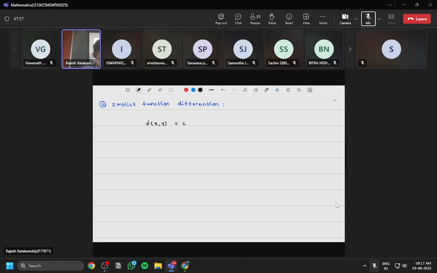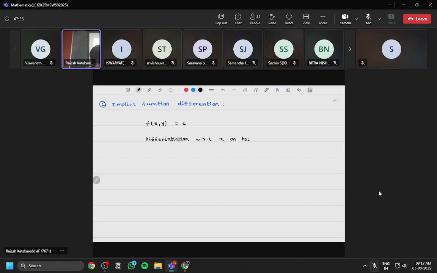Now I can say here, differentiation with respect to x on both sides.